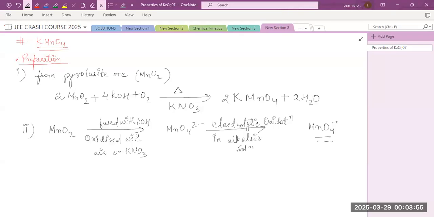Clear? Now see the structure of manganate and permanganate ion.